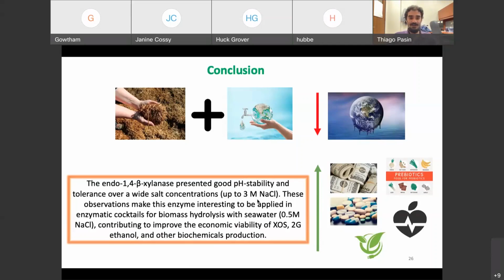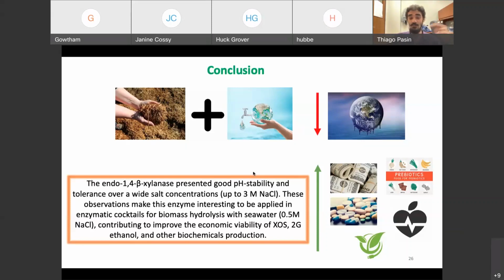We are making the process of recycling these agroindustrial residues more interesting, and we are not wasting more water to do that. So we are optimizing the production of products from the recycling, and also optimizing the use of fresh water for the production of food. And also we are generating money, of course, for the industries.